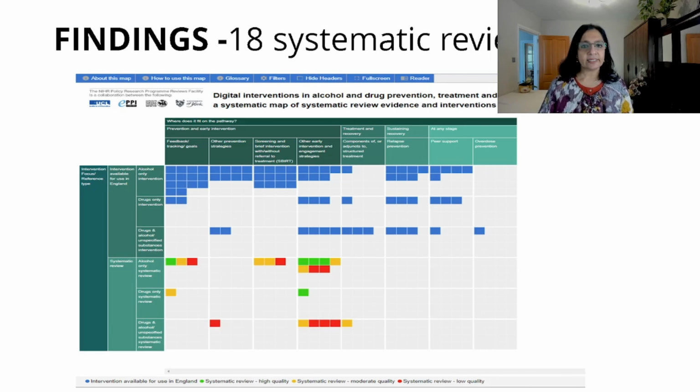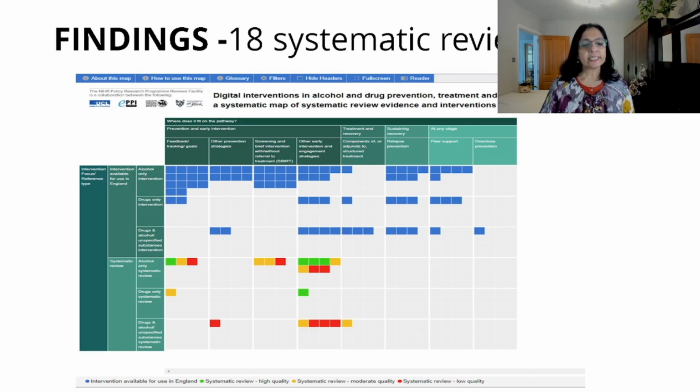This is a view of the map. I will provide the link to the publication, report and the map in the references at the end of this presentation. 18 systematic reviews were included in this map, and 40 interventions.